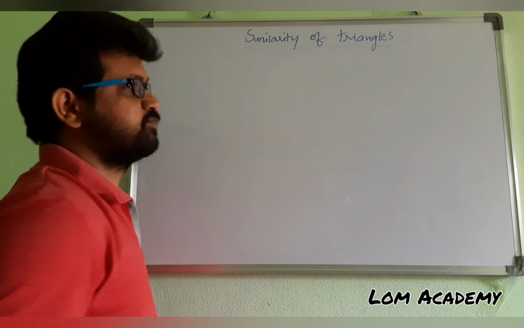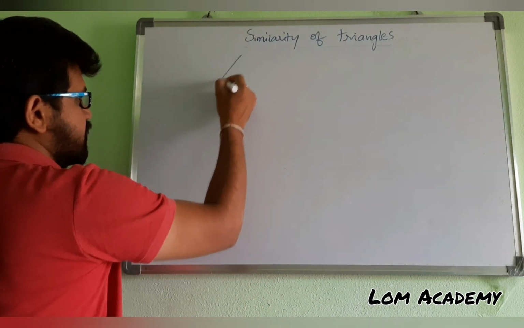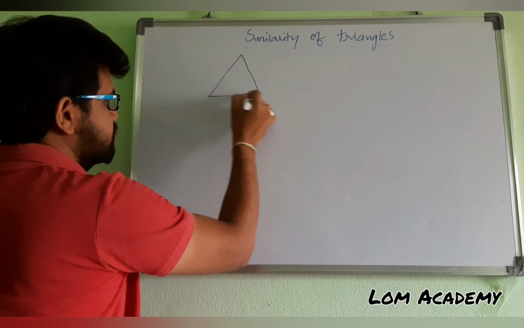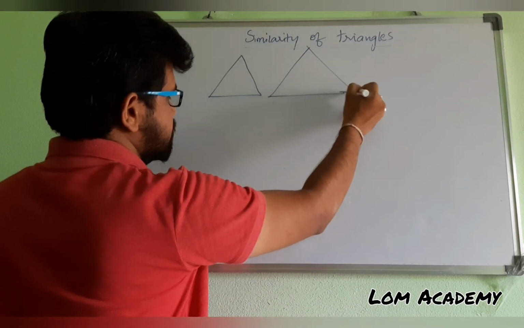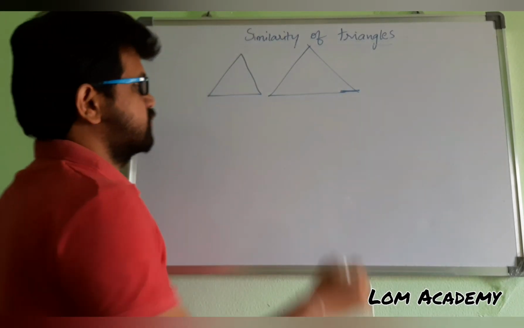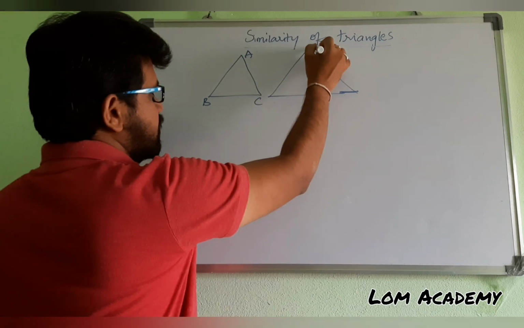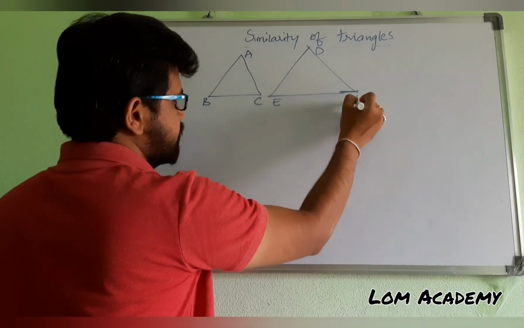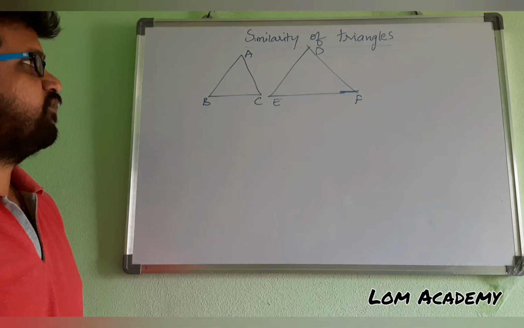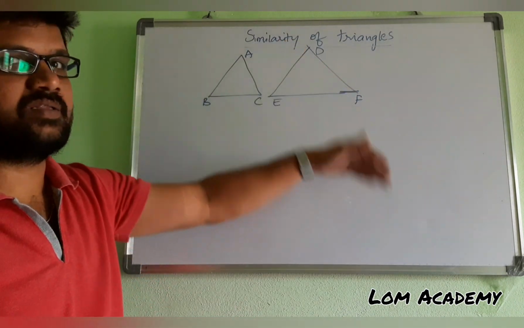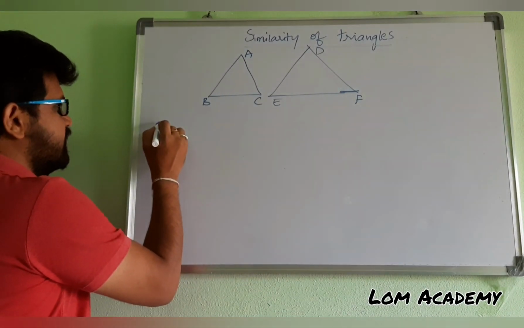So suppose we consider any two triangles. Let us take ABC as the first triangle, DEF as the other triangle. Are these similar? If these two triangles are similar, then what conditions should be satisfied?